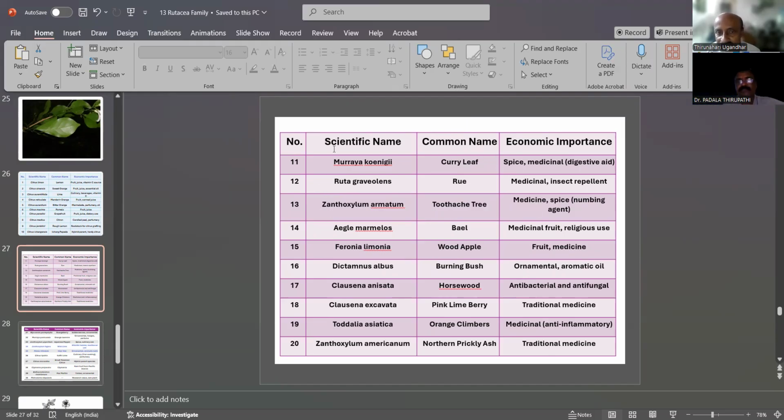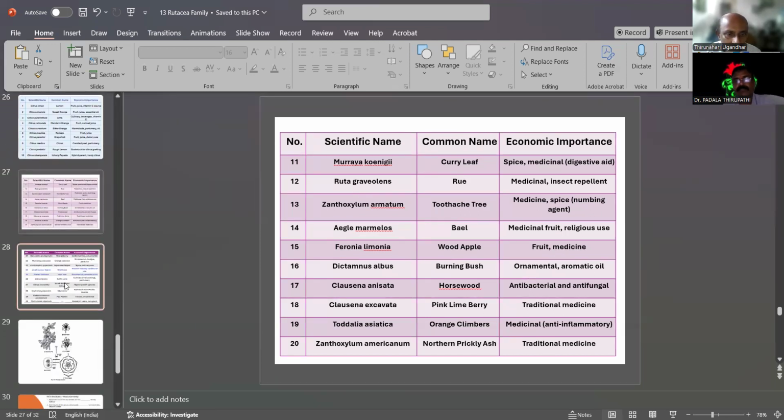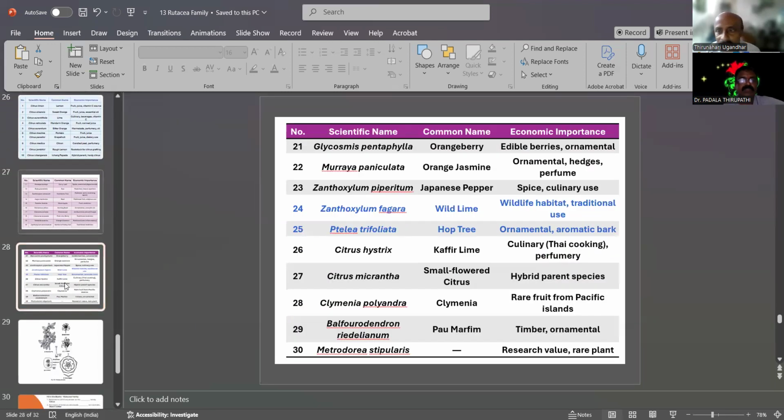Each plant can be explained in a separate box for economic value, and common names are separated. This also goes up to 30 plants.